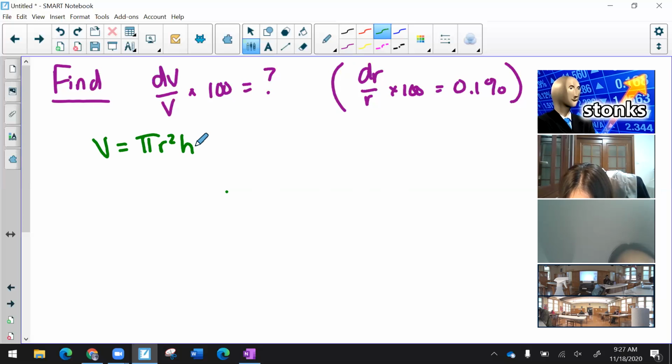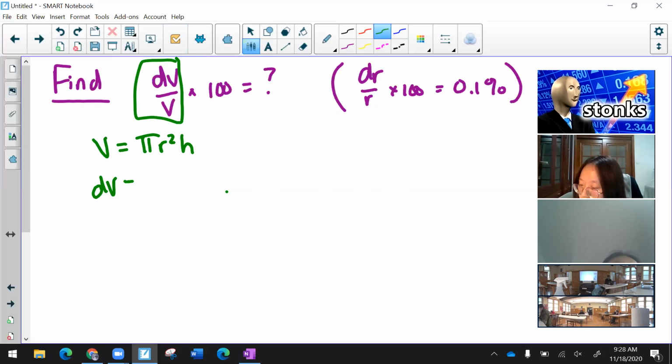Okay. So it would be really nice if I could figure out what dV over V is, right? So I have this nice expression for V. Can I figure out what dV is? Now, they tell us that the thickness doesn't change. And the thickness is h. Okay? So I can pretend that h is a constant, doesn't matter what it is.